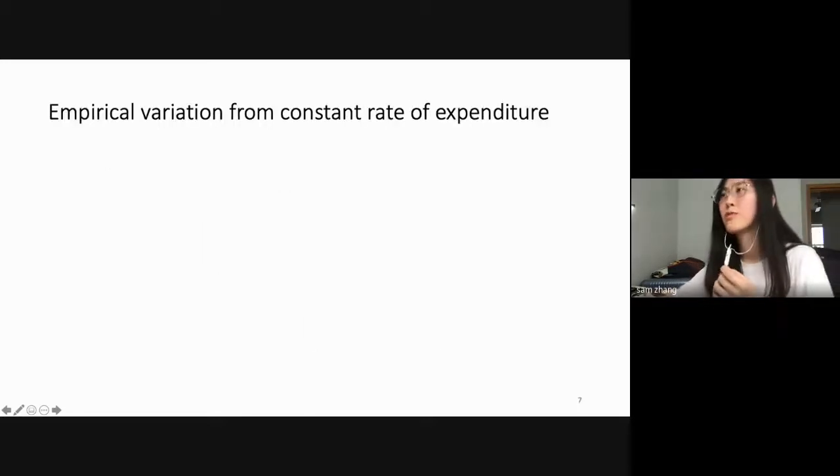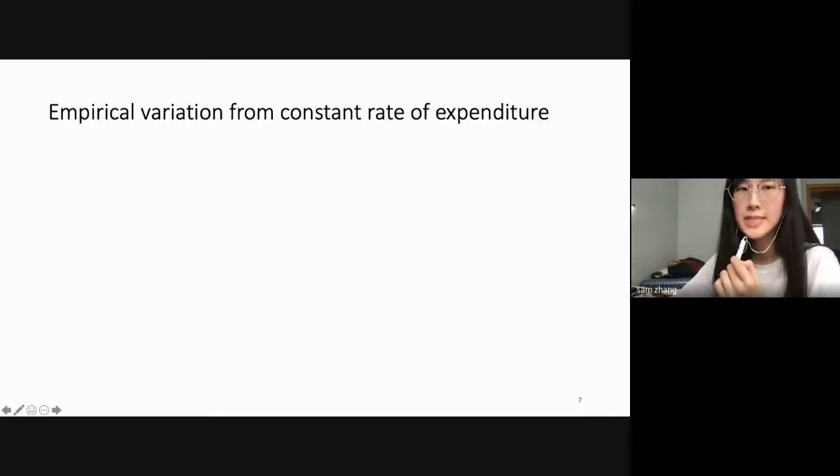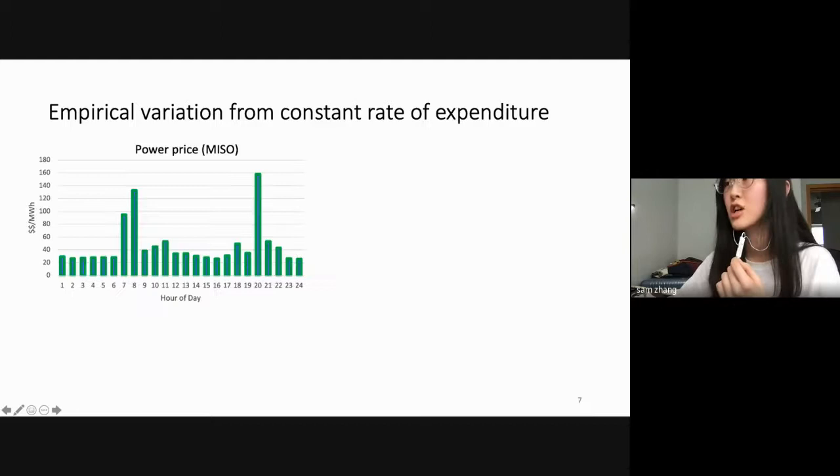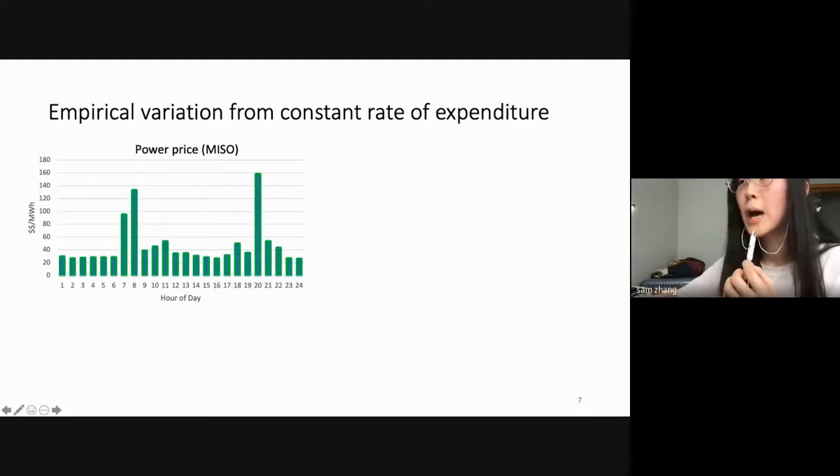So we will first look at a few empirical traces. The first is a constant rate of expenditure. So we purchase power at a fixed rate, a fixed dollar cost per hour. This is an example of power costs that we took from the mid-continent power grid, including the Chicago area.